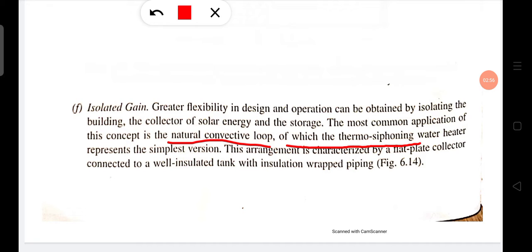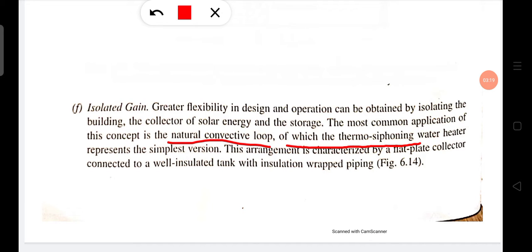Thermosiphoning is a technique which uses this isolated gain concept. What is a thermosiphoning water heater? Let us discuss that.